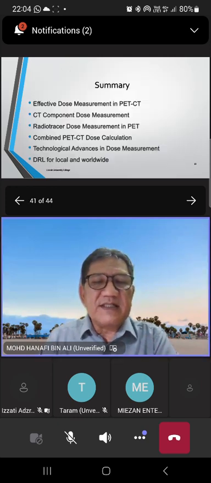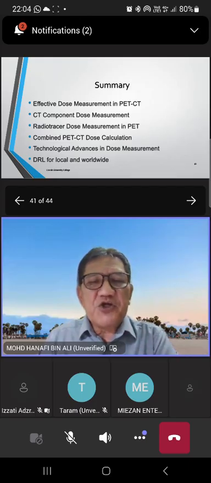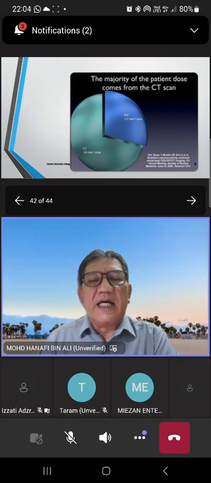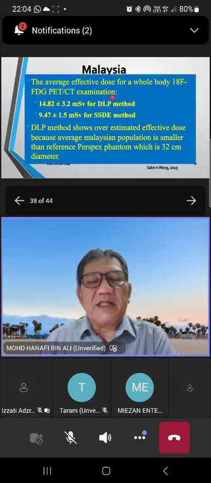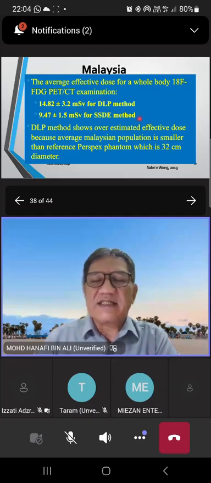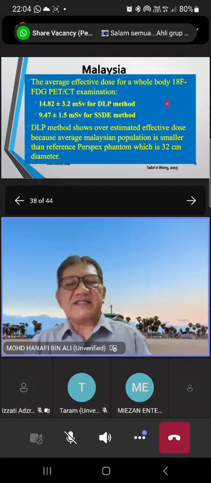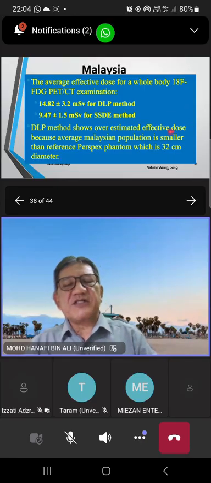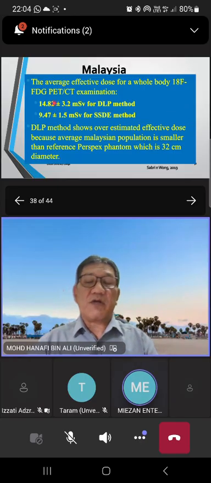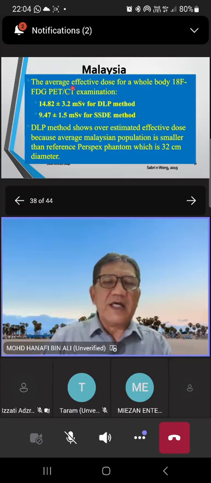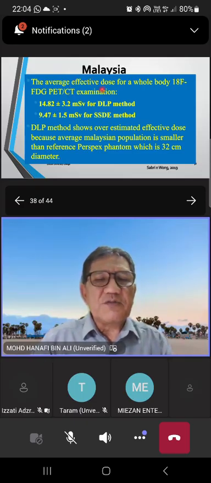So I think we're going to finish this. As a summary, I can say that effective dose measurement in PET-CT is now available, and people are now a little bit aware and knowledgeable about the radiation dose from CT scan. So we must explain this to the patients, or the public, about this issue. Yeah, CT component dose measurement we also discussed.